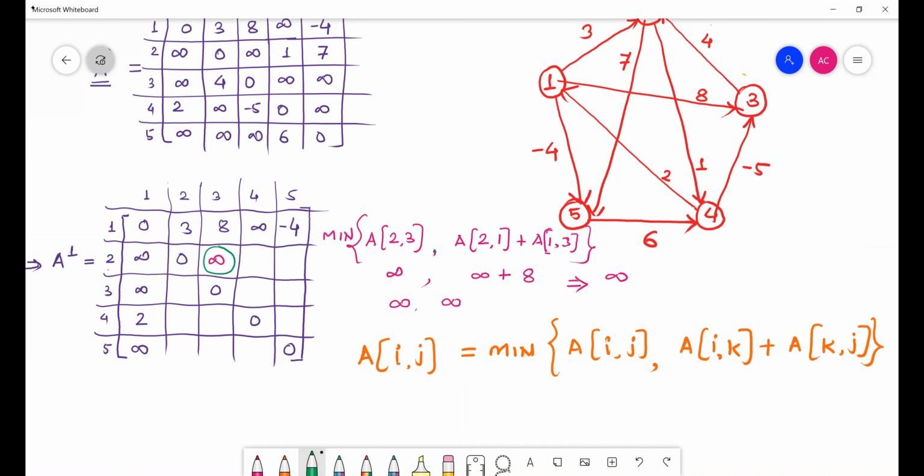Sorry, whatever the power of A is, that will be K. So K is 1. It's not a power of one, it's just a way of writing it. Yes, we are actually finding out where I can go via node 1 with the shortest path or shortest minimum cost.